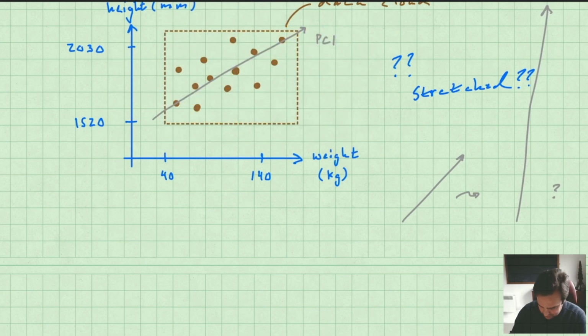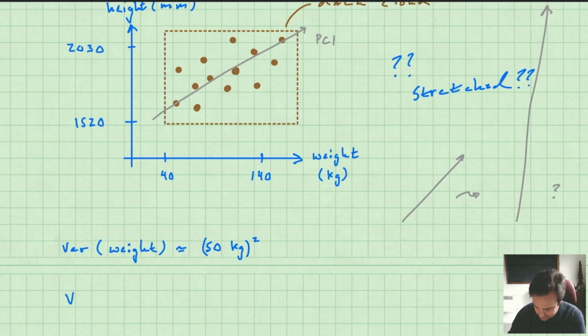So the variance of the weight, that part hasn't changed. That's around 50 kilograms squared. Again, I'm just making that up. And the variance of the height, this part has changed, right?